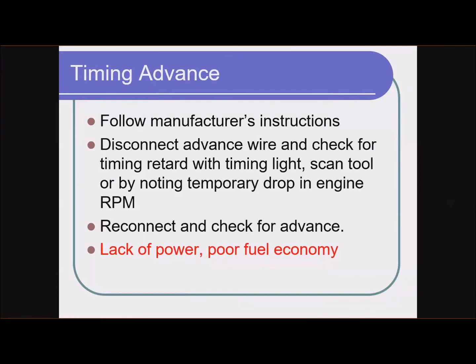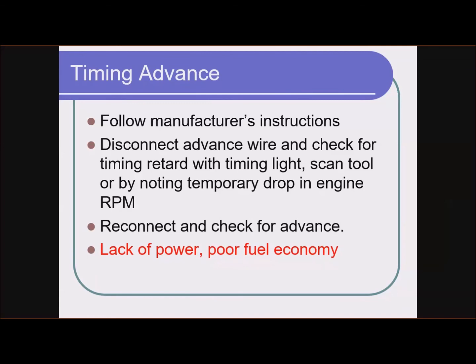The timing advance, which is electronic, could be disabled usually by unhooking some sort of a wire. So when you were going to hook a timing light up and check base timing on an engine, you had to disable the timing advance. So this test was designed to see if that timing advance system works. And so it's a really simple one.